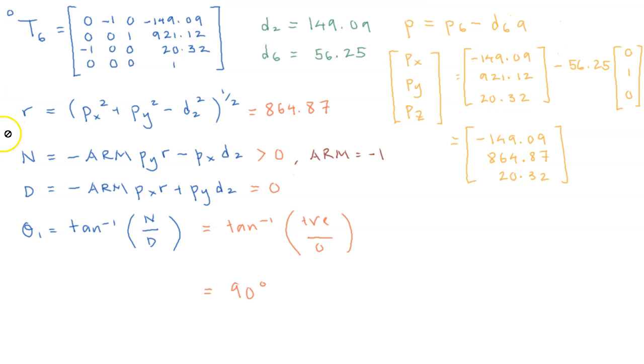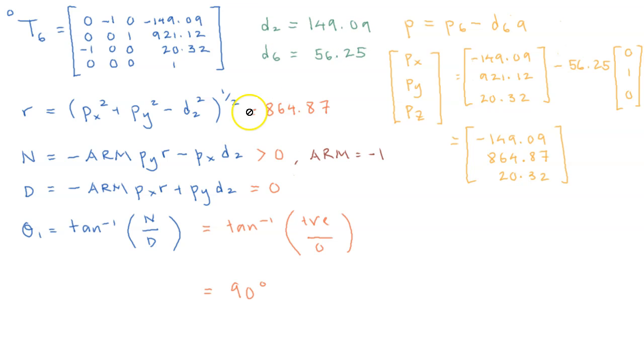And these are the equations to find theta 1 according to the inverse kinematics. As you can see, to solve for theta 1, we would require some parameters from the DH parameter table of PUMA 560. So we need D2. From table 1, it is 149.09.